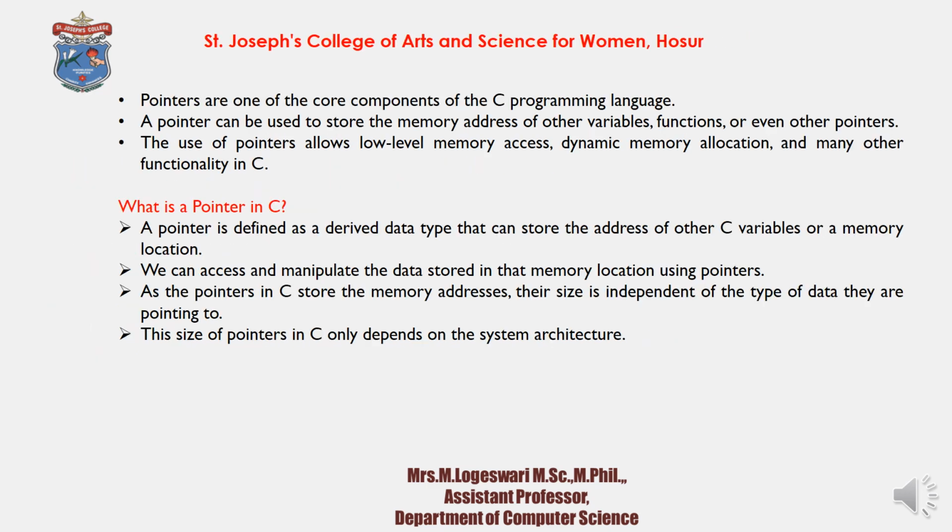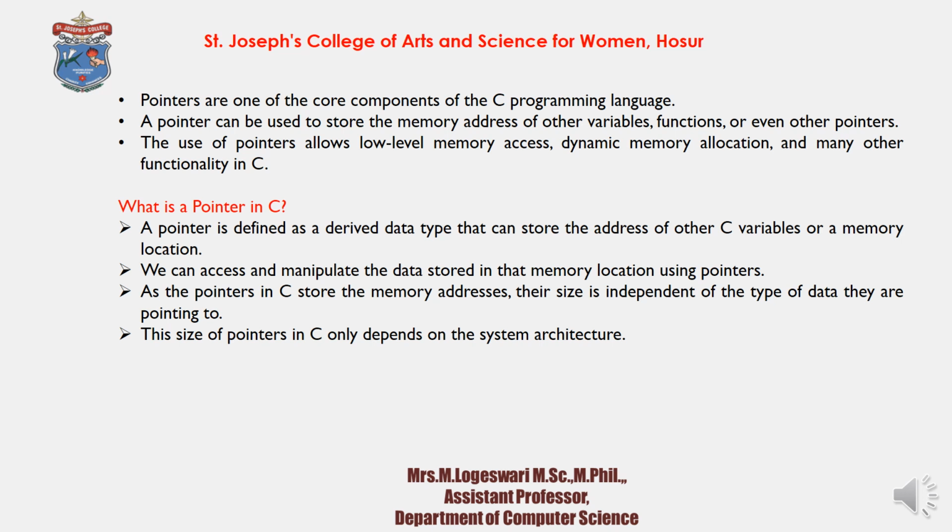The pointer is a core component of the C language. A pointer can be used to store the memory address of variables, functions and other pointers. Pointers allow low-level memory access, dynamic memory allocation and many other functions in C. What is a pointer in C?